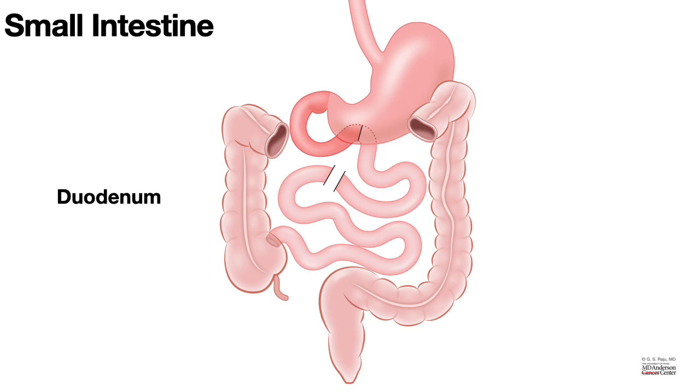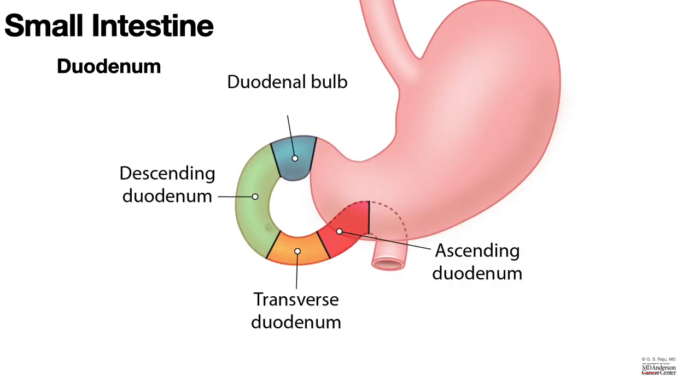So there are different sections to the duodenum. The first section is known as the duodenal bulb, otherwise known as D1. The second section, that is the descending duodenum, is otherwise known as D2.